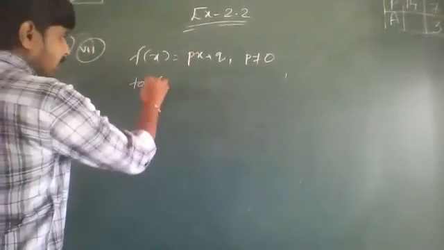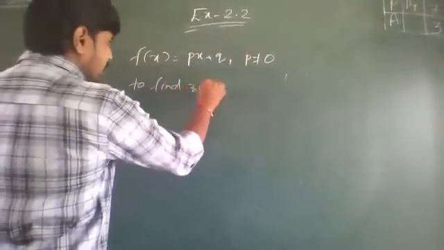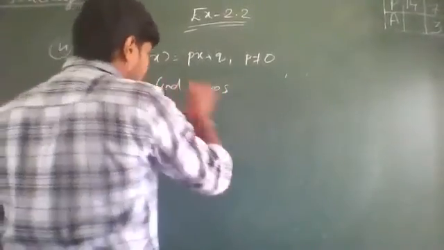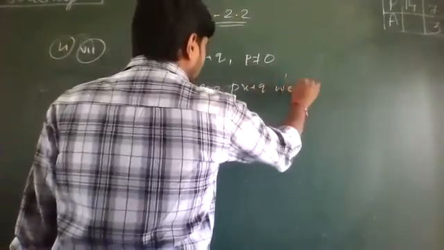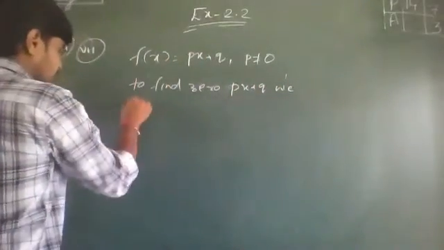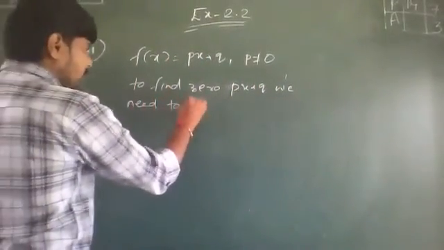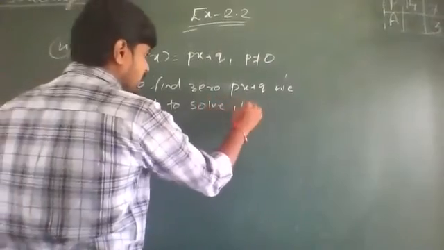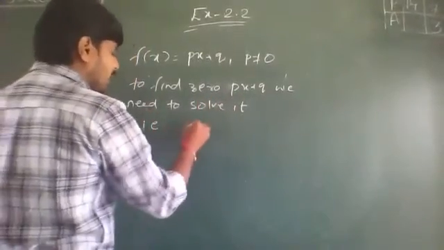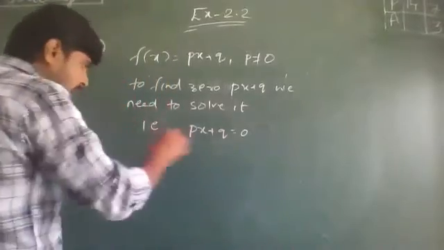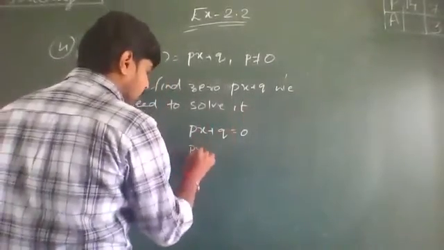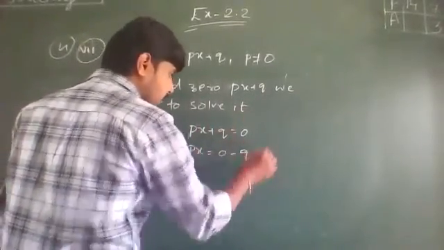To find the zero of px plus q, we need to solve it. Solving is nothing but taking it equal to 0. Transpose this q to that side. So it becomes px is equal to 0 minus q.